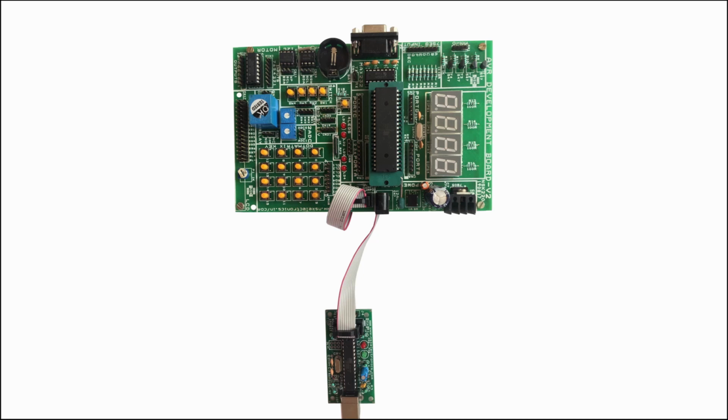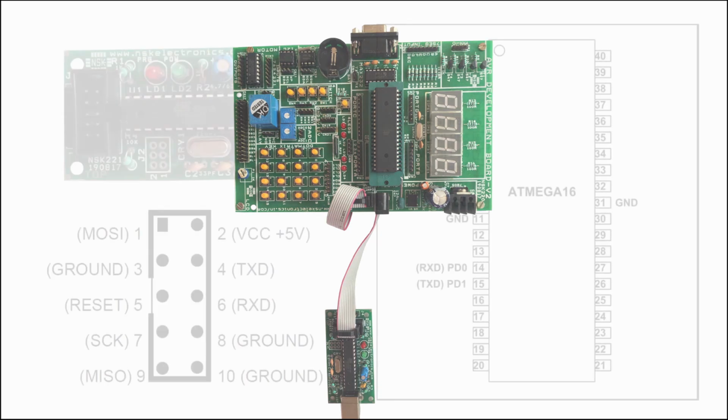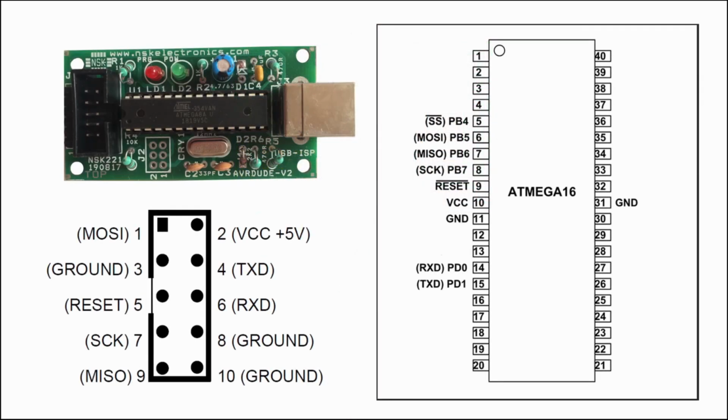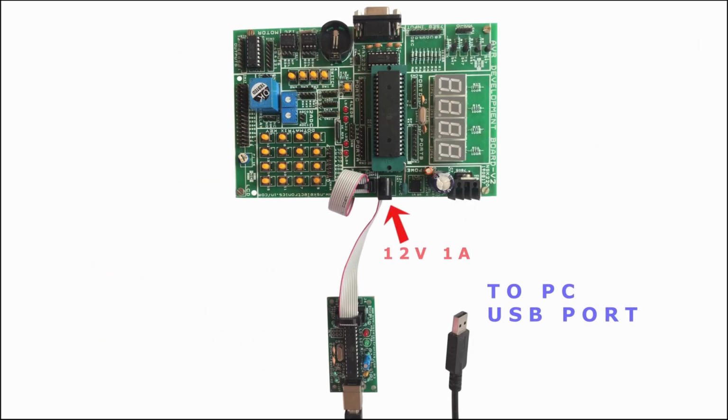If you do not have a development board, or if your development board does not show this JTAG terminal, you can directly connect the terminals of the USB ASP programmer to your microcontroller pin nodes as per this circuit diagram, and you can build this circuit on a breadboard for programming your ATmega16 microcontroller. After that, power up your development board using an external 12V 1A adapter.